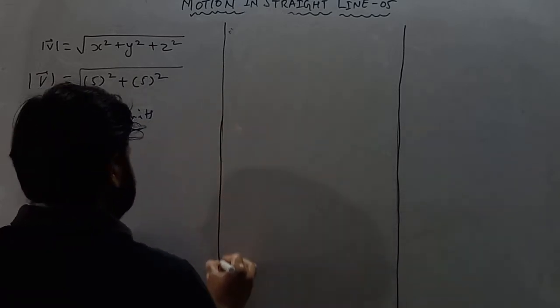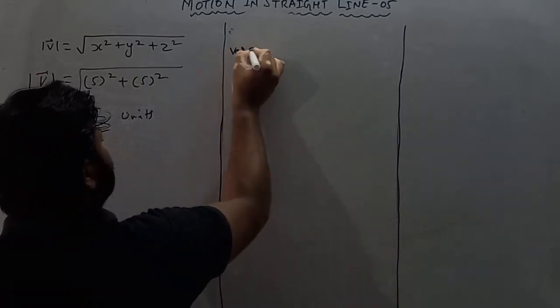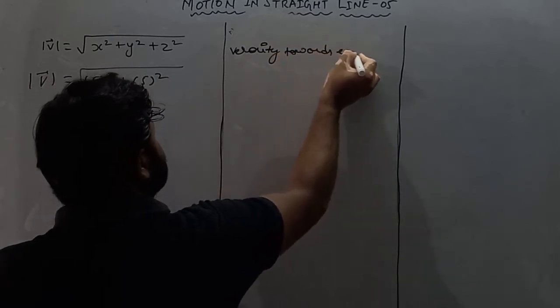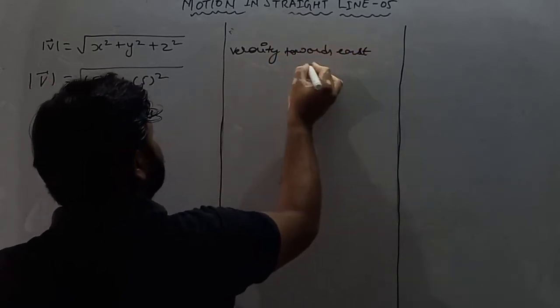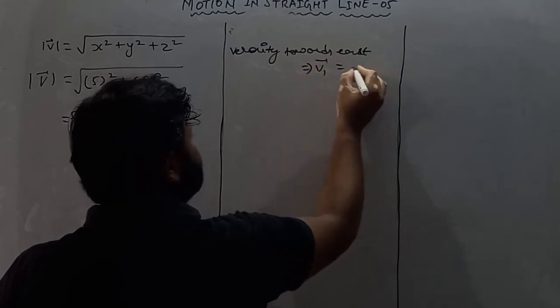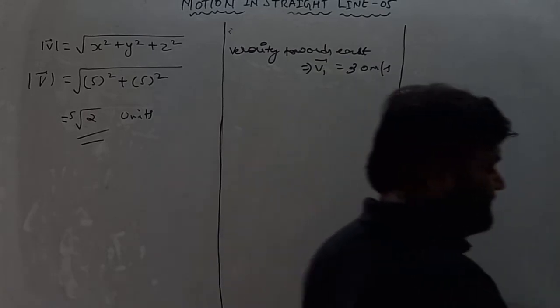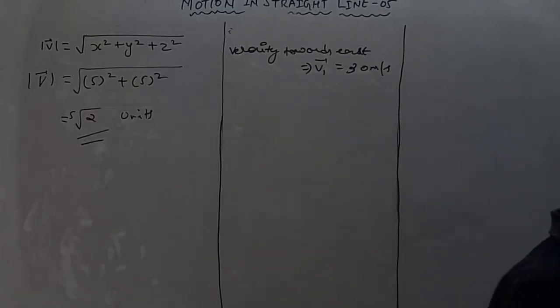So velocity towards east is given. Let's suppose this velocity is v1. It is 30 meter per second.